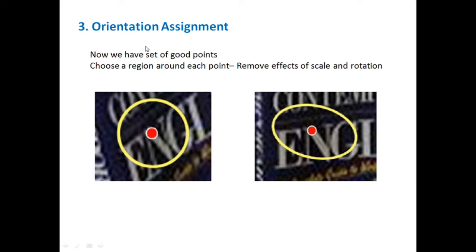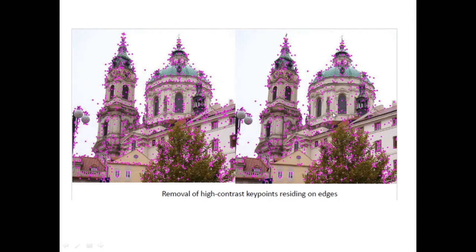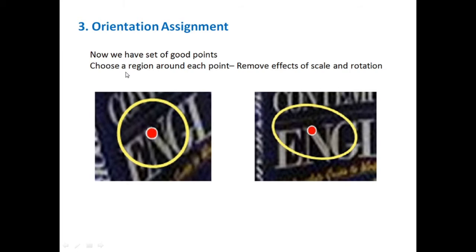What orientation assignment is doing here is, we need to determine the orientations for each and every key point. Here we have many good points from this image. So choose a region around each point, and remove the effects of scale and rotation.